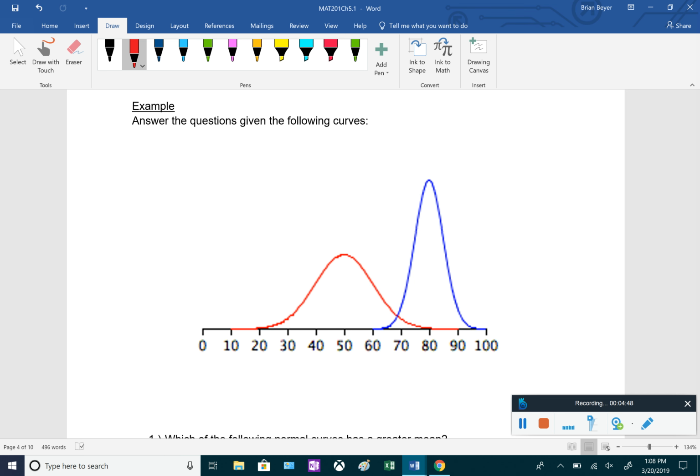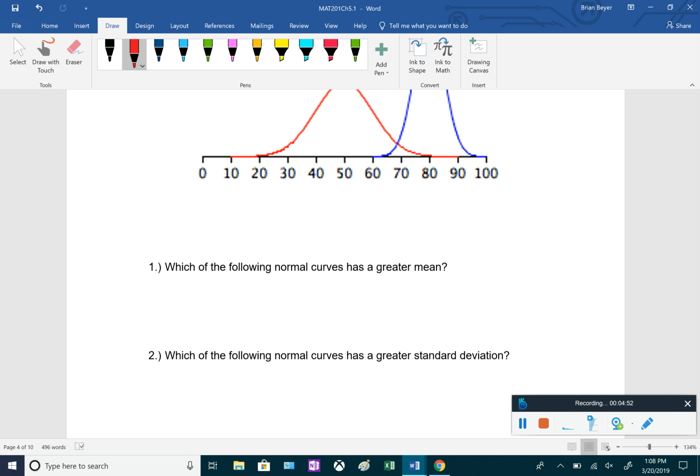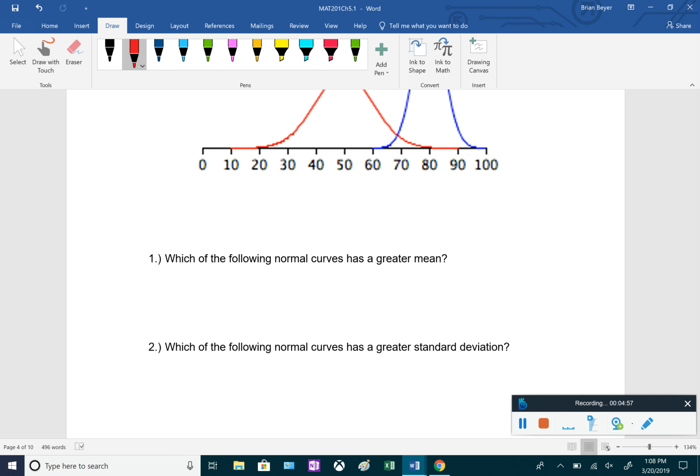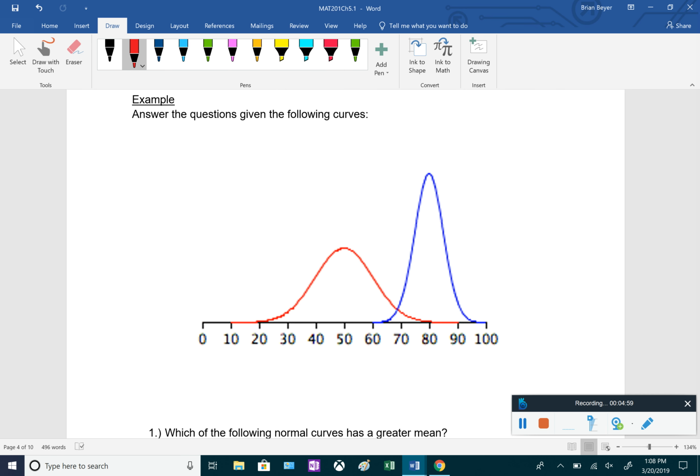So let's say we have these two curves right here. For the first question, we want to know which of the following curves has a greater mean. I'm going to label this blue one as curve A, and I'll label the red one as curve B.